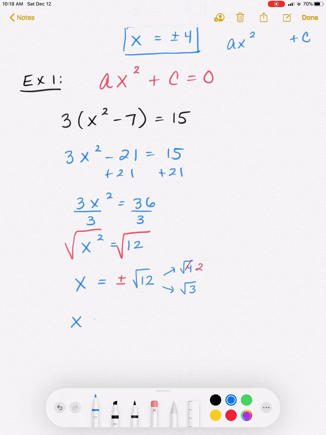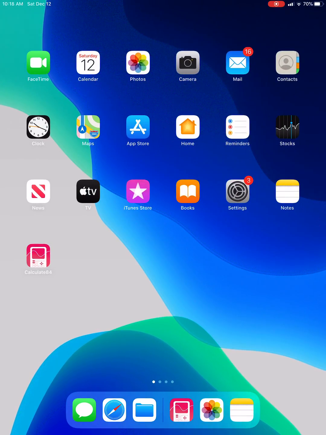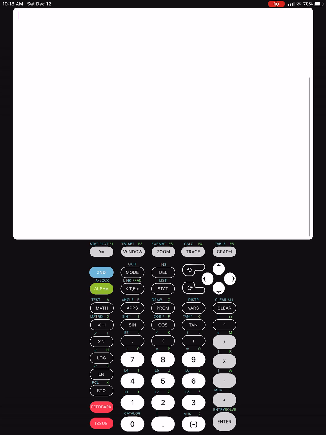So our final answer is plus or minus 2 square root of 3. This is what we call the exact solutions. I'm going to go into the calculator and type in 2 square root of 3. So the approximate solution would be 3.464.